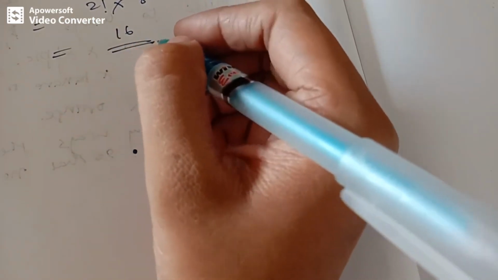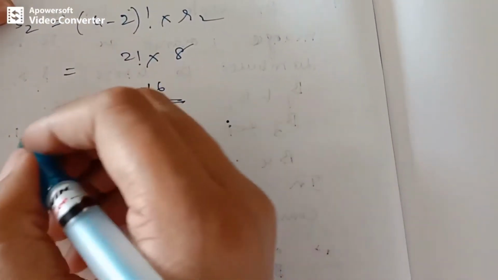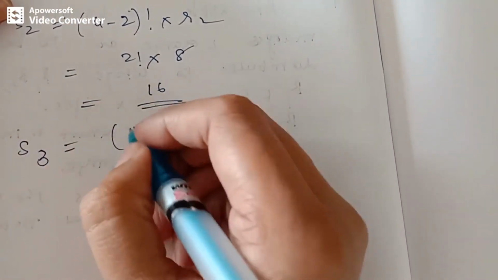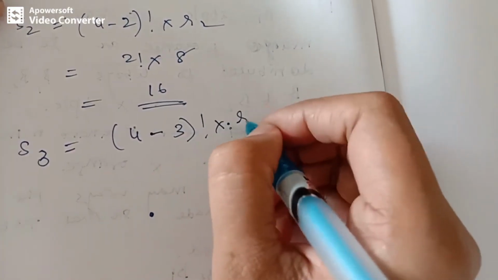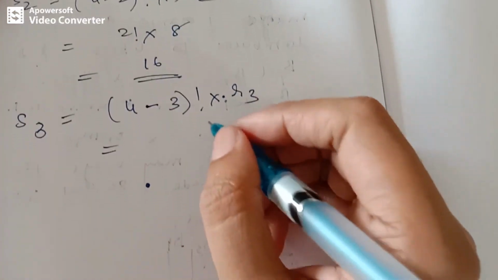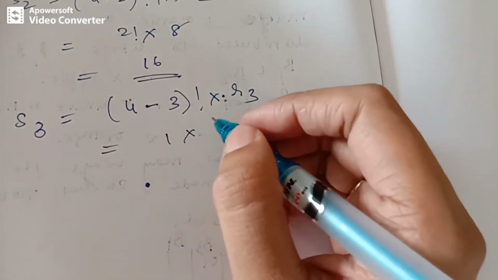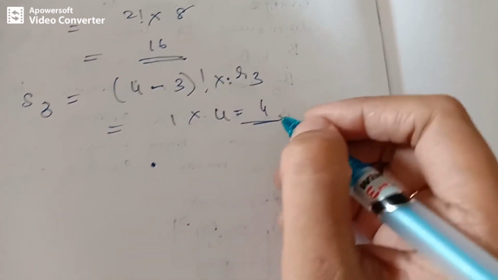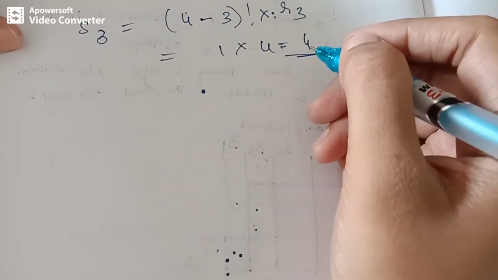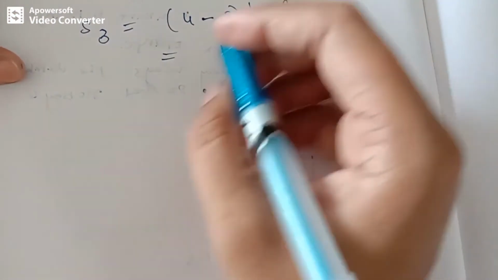S2 value is 16. And S3 is again n minus k the whole factorial into Rk. So it is 1 into the value of R3, which is 4. So here are the values of S0, S1, S2 and S3.